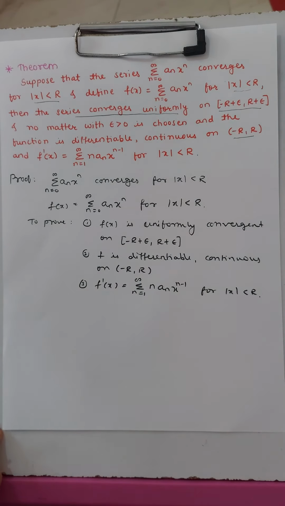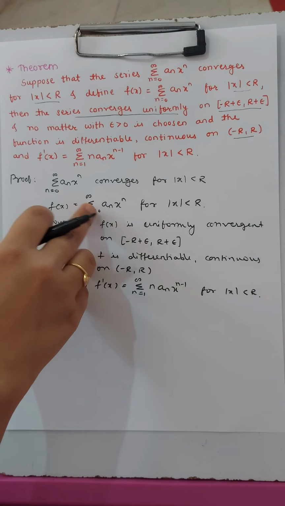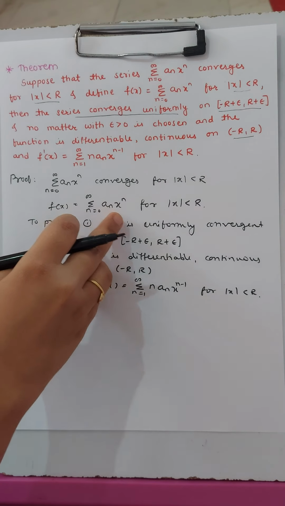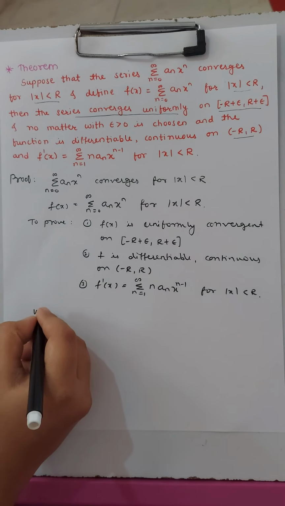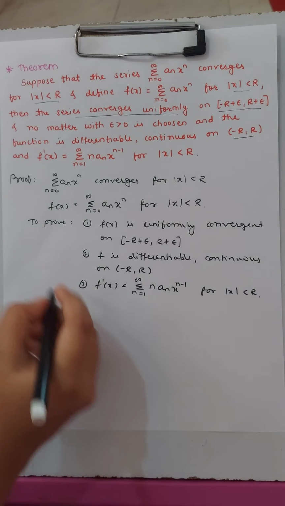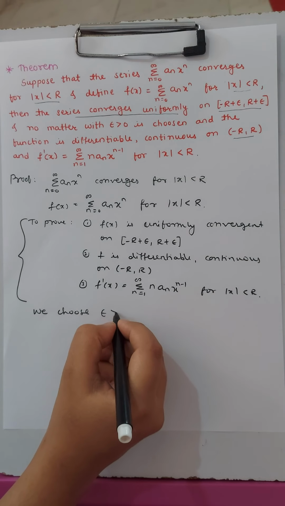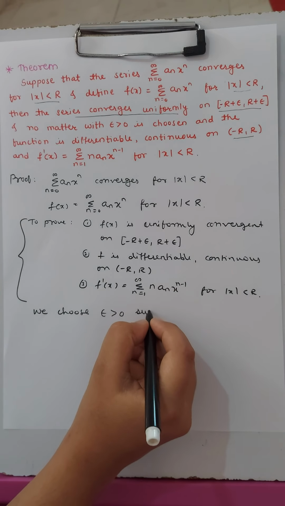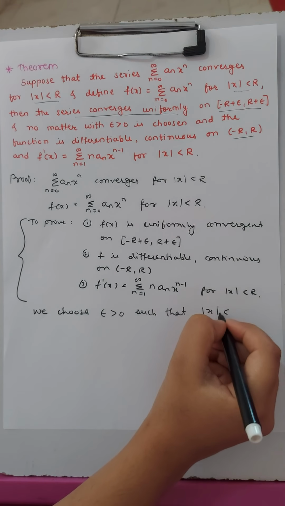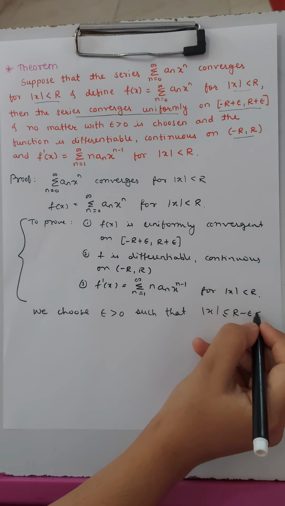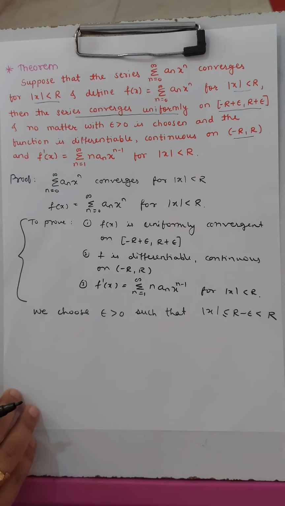So since we have f of x equals summation n from 0 to infinity a n x to the power n for mod x less than r, this is what we have to prove here. So we choose epsilon greater than 0 such that mod x is less than or equal to r minus epsilon, which is again less than r.